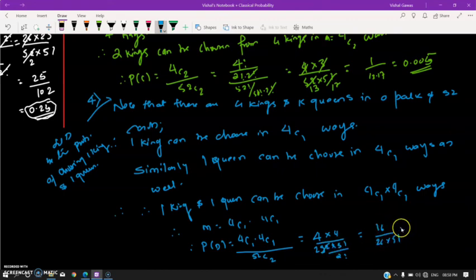If I cancel and divide whatever the resultant I get, I would get the number to be equal to 0.012. You can check that out. That's the probability of the event.